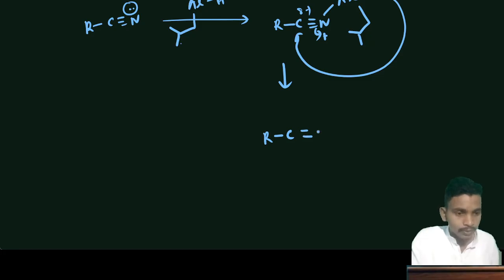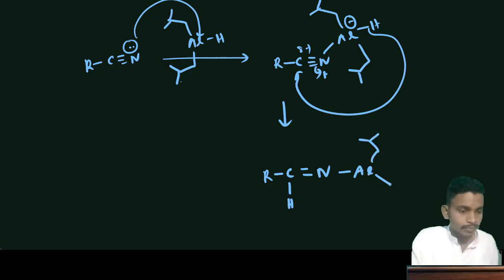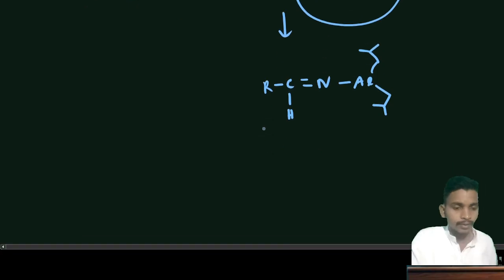So one bond is gone here, and here we have H, and here we have aluminum and the isobutyl group. So now this is the imine. Now we have to do acidic hydrolysis.